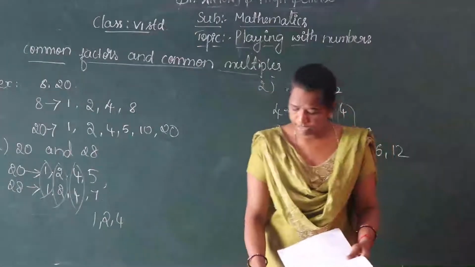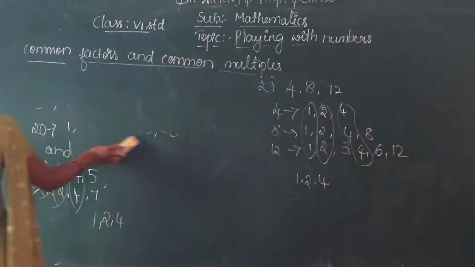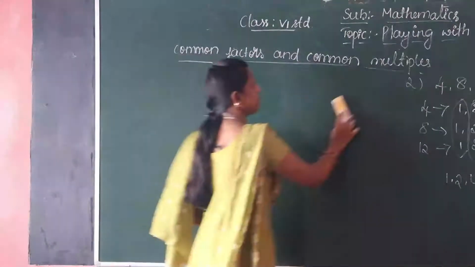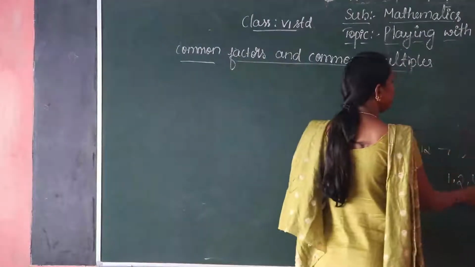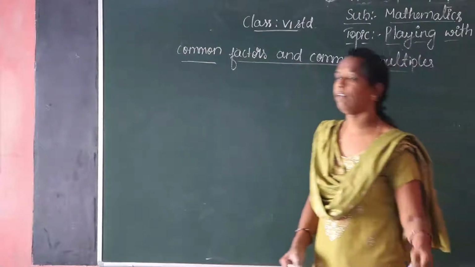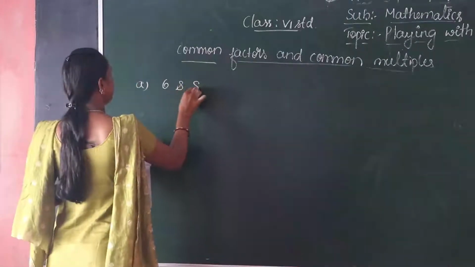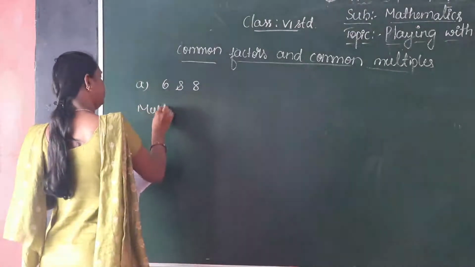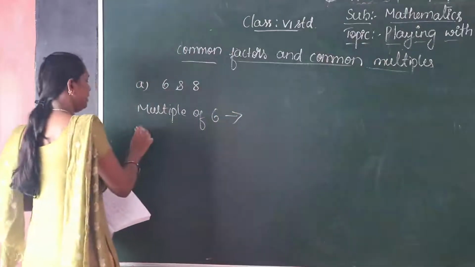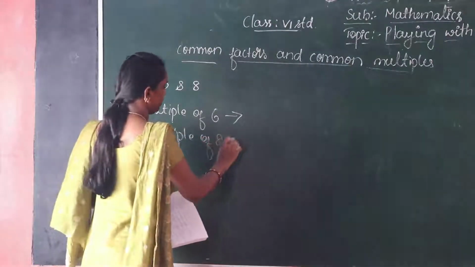Okay children, common multiples. So if I take the numbers 6 and 8, you know the common multiples? Common multiples means we have to write the table for the given numbers. Multiples of 6 and then multiples of 8.